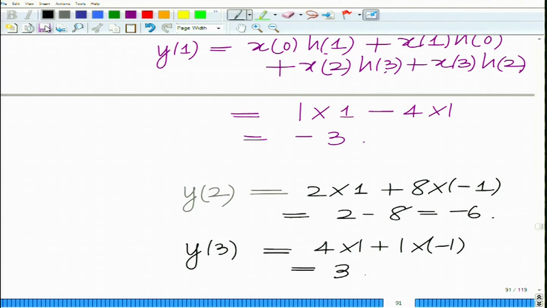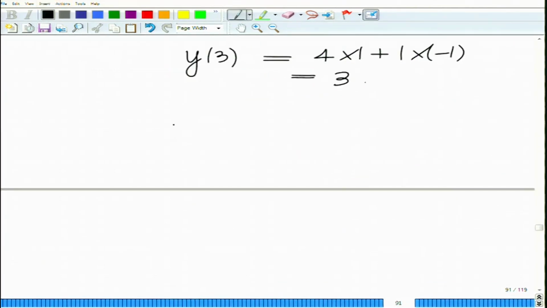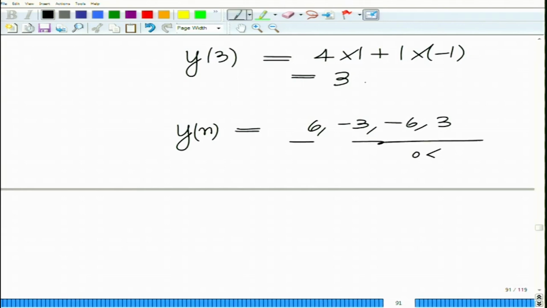So the y sequence will be 6, minus 3, minus 6, 3, defined obviously for 0 less than or equal to n less than or equal to 3.